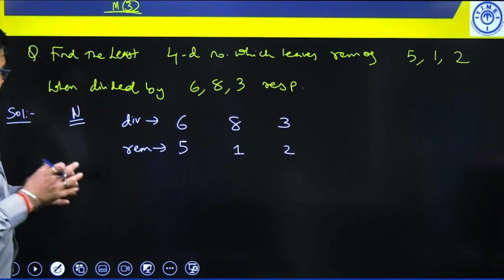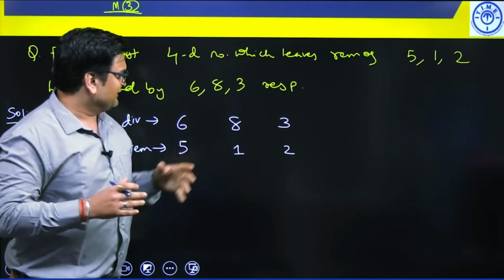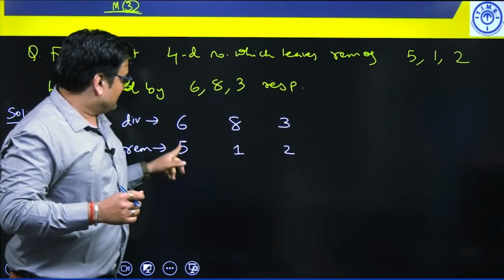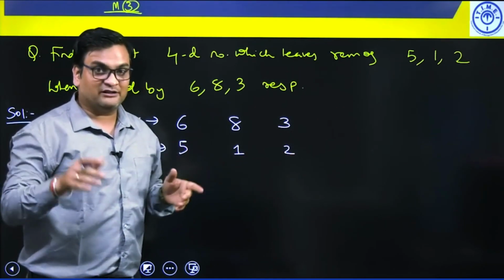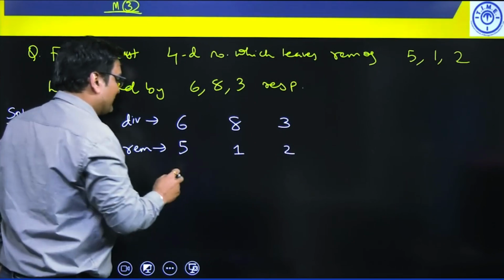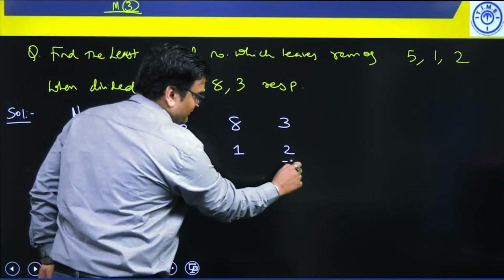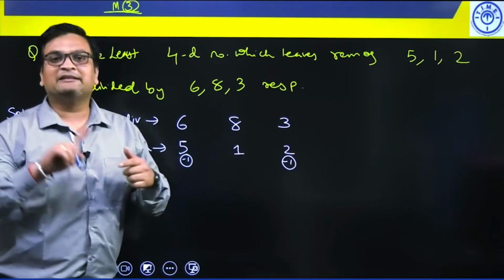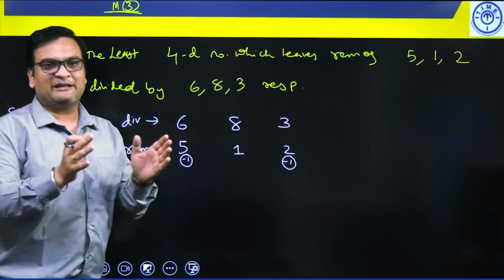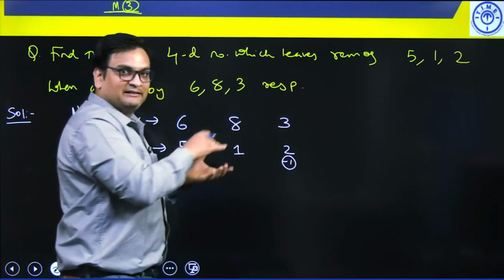Now, if you look at the first division and the third division only, ignore the middle one. Here, the positive remainder is 5 and the positive remainder is 2, they are not equal. However, if you look at negative remainders, it is minus 1, 5 minus 6, it is also minus 1, 2 minus 3. So, can I say in the first and the third case, the negative remainders are equal? So, we may use LCM model 2 as far as the first and the third case is concerned. Let us use that.